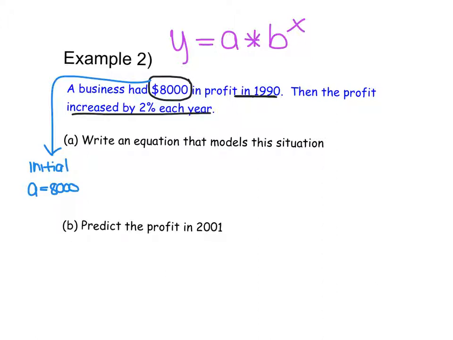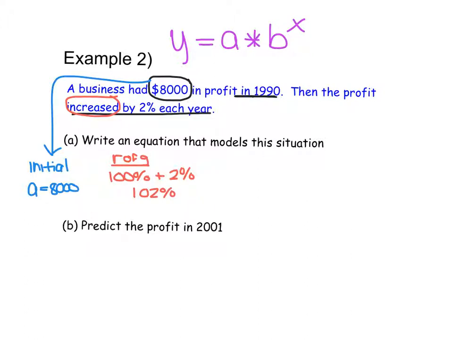Then from here, the second piece of this is we need to find our rate of, in this case, the increase tells us growth. So we have rate of growth. And remember that we always have 100% of what we started with. And here we're increasing that by 2%. So I really have 102% of my profit at the end of each year, which is nice.